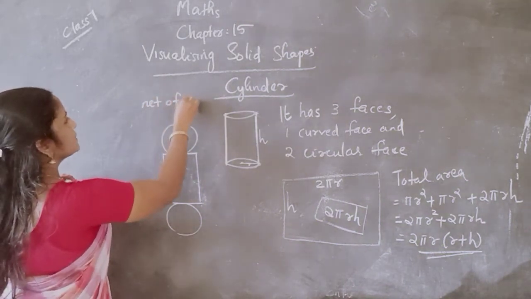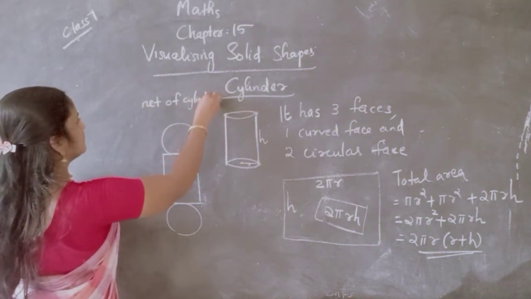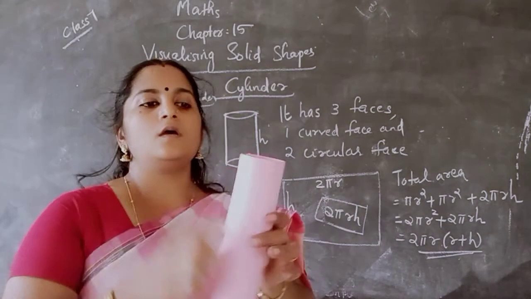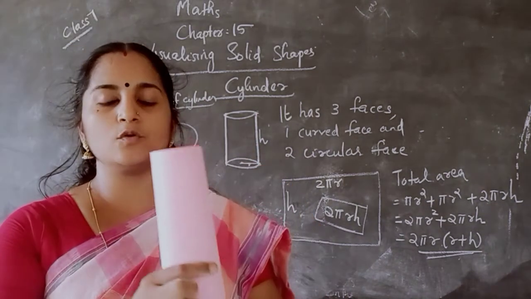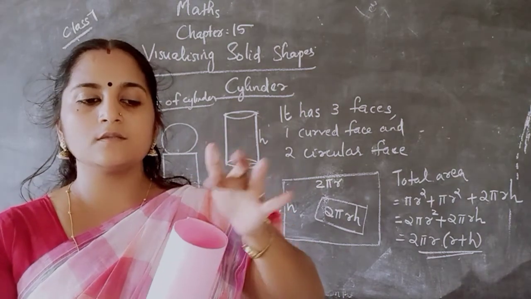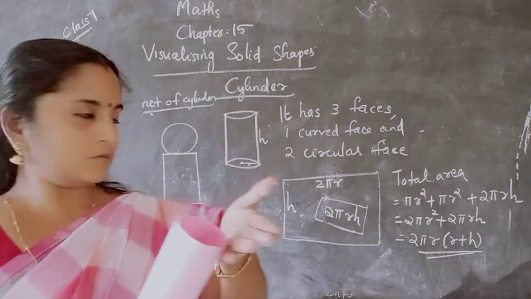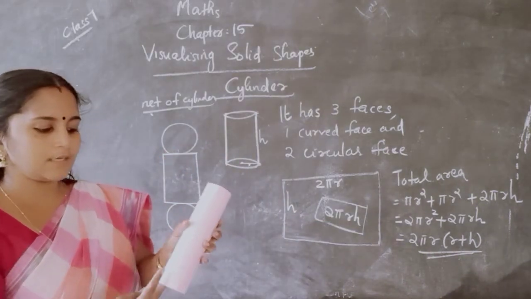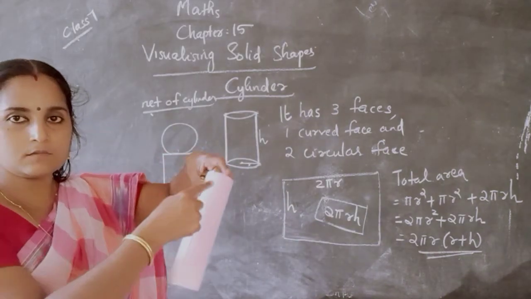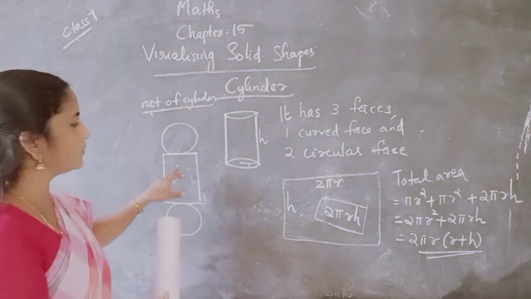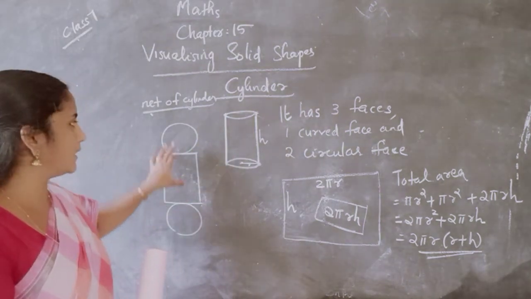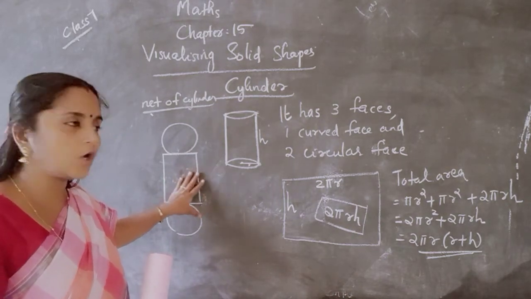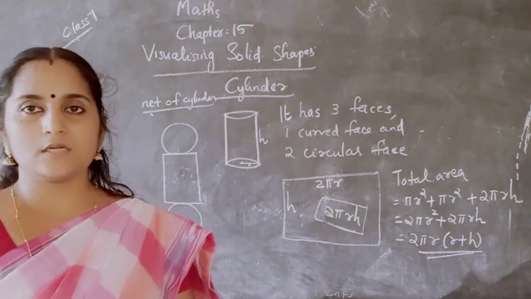Suppose these two circular portions are closed, then you open it, we get a paper like this. And if you cut along this portion, the height portion, you get this rectangular portion. Okay, thus we have a picture like this, and this is called a net of a cylinder.